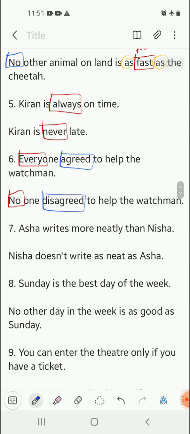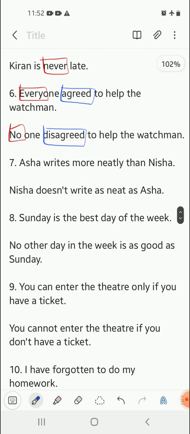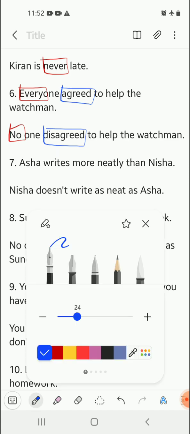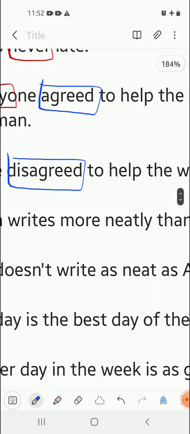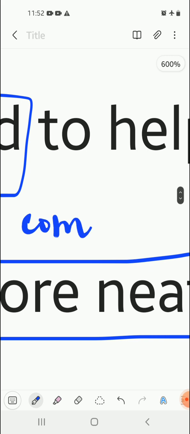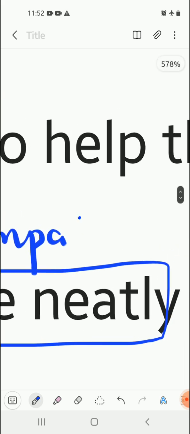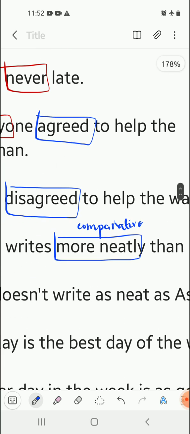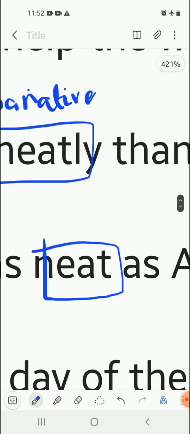Moving on, number 7, Asha writes more neatly than Nisha, which means that Nisha doesn't write as neatly as Asha. So in this sentence, more neatly is a comparative degree being used, and here they have written does not write as neat as. So we are writing the positive degree.